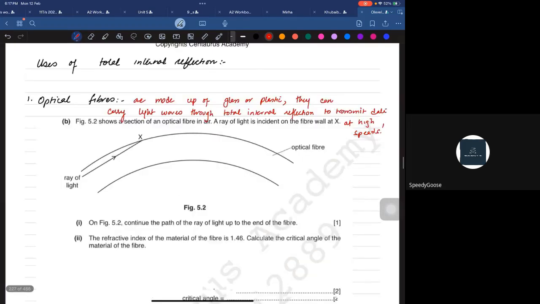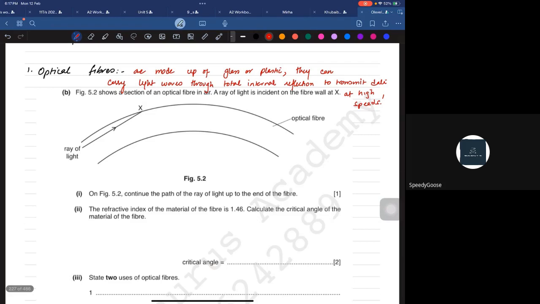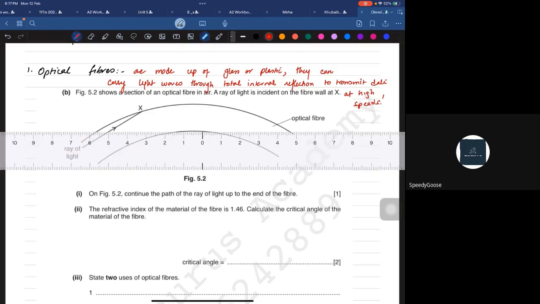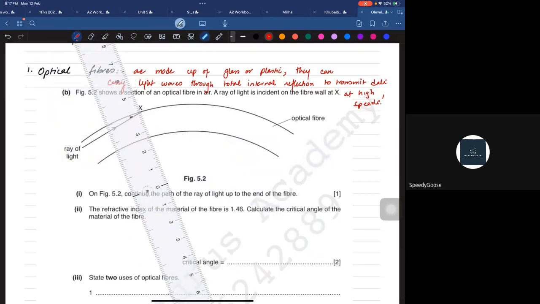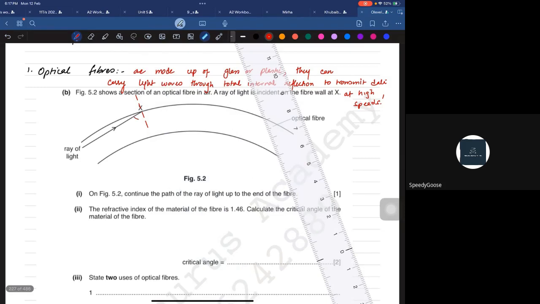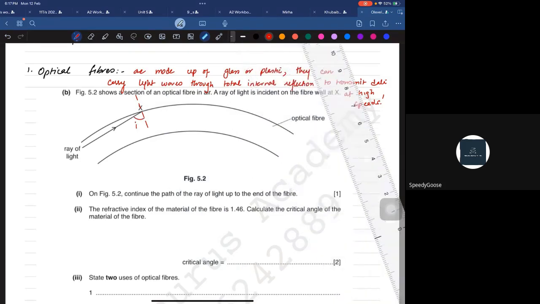Now, when you see this drawing, they will always ask you to draw the next path. The first thing I would be doing if I was giving this exam, I would draw a normal line. Normal line is 90 degrees to the surface. Then I check what this angle is. It needs not to be 100% accurate, but you will draw a line that at least resembles this, so it should look like these are equal.